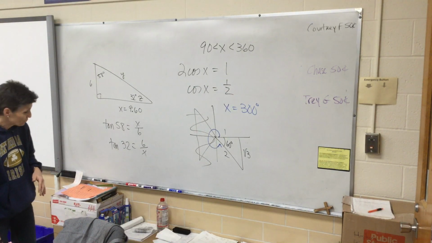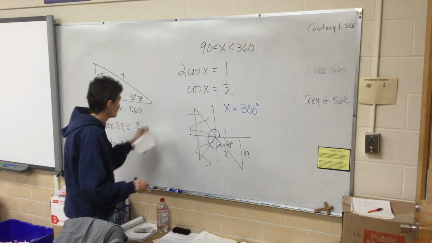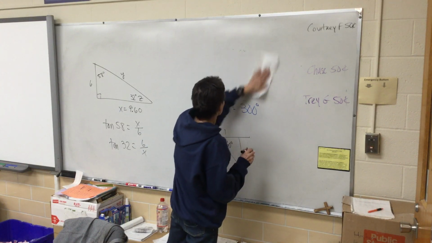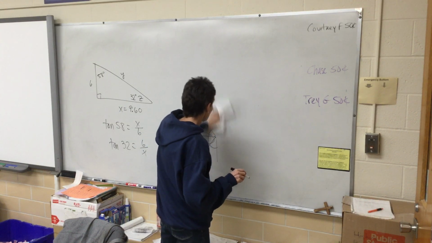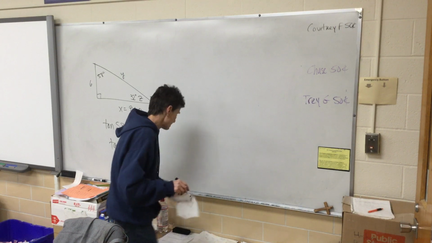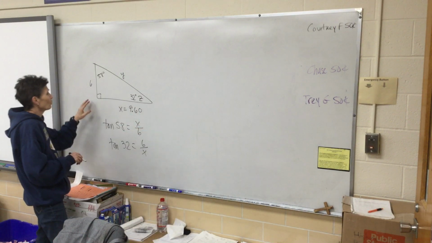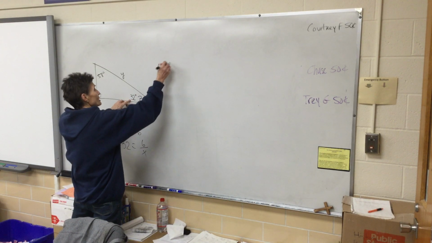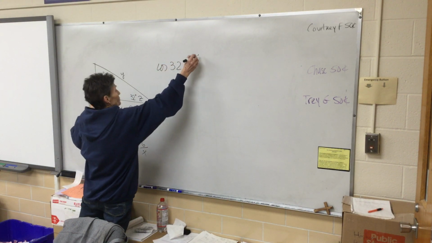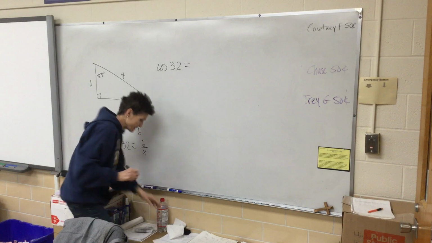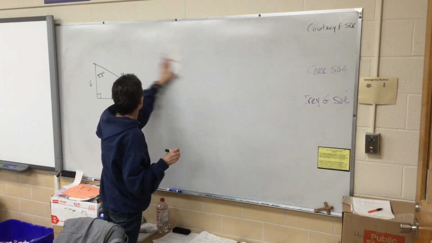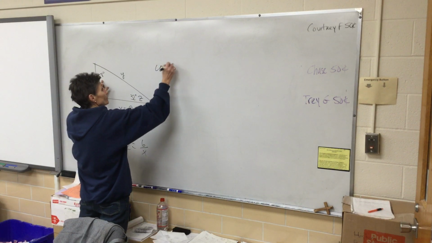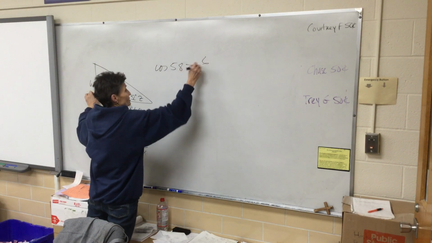Now, please don't do the Pythagorean Theorem because you would have to use your rounded off number. Use some trigonometry to find your hypotenuse. And again, it doesn't make any difference which way you do it. I could say cosine 58 equals 6 over y.